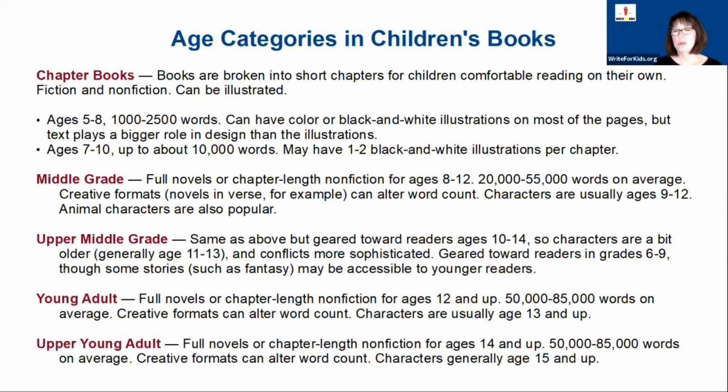For example, young adult can have romance. Upper young adult might have your characters having sex. So there is a bit of a dividing line there as far as what the readers can handle in their storylines. And so this upper young adult category is really moving the readers more into adult fiction. It just happens to be that the characters are still in high school in most cases.